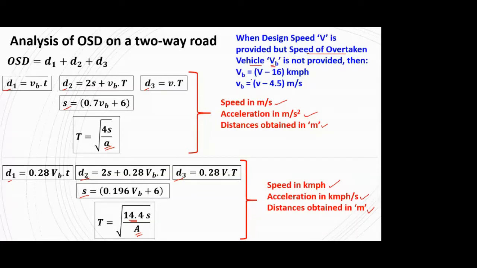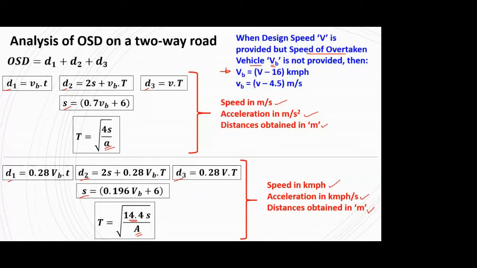In that case, you can simply use the standard assumption that VB is equal to V minus 16 kmph. Whatever the design speed is, if it is 100, you simply subtract 16 from it, and you will get the speed of the overtaken vehicle or slow moving vehicle.